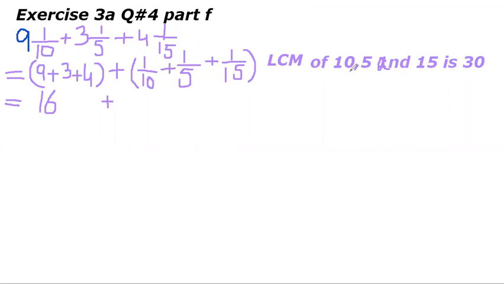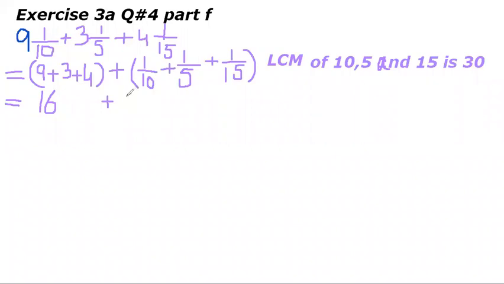If you don't know how to find the LCM, you should watch my videos of chapter 2, in which we have done a lot of questions in which we found the LCM of 2 and 3 numbers. I'm not discussing how to take the LCM here. The LCM of 10, 5 and 15 is 30.